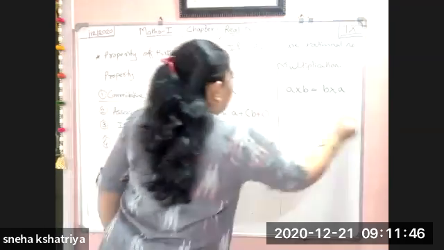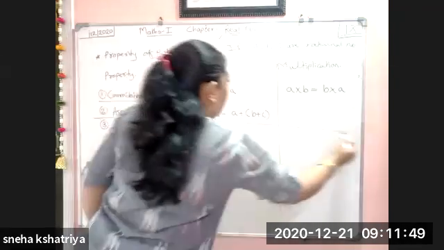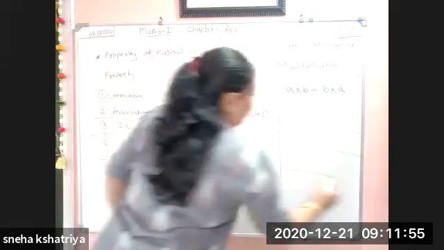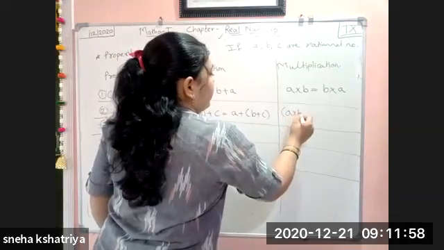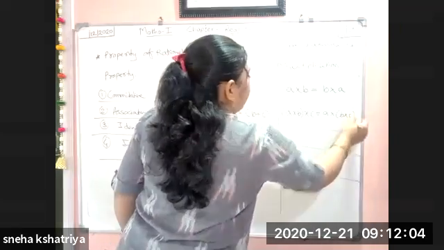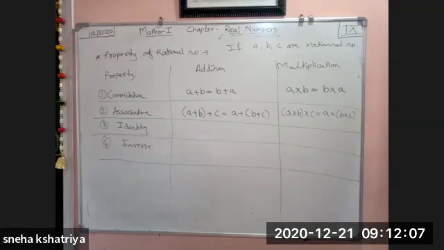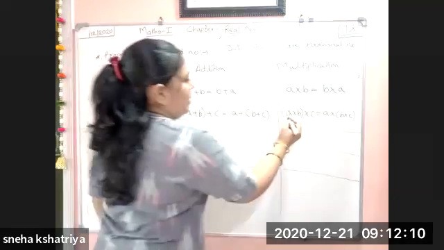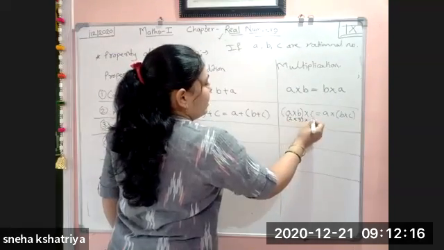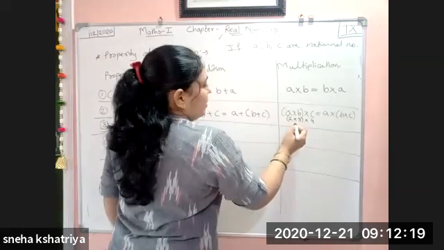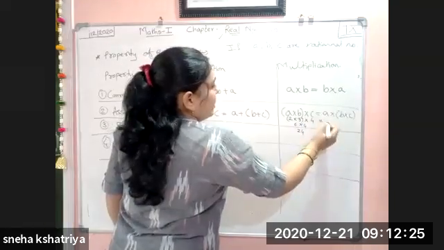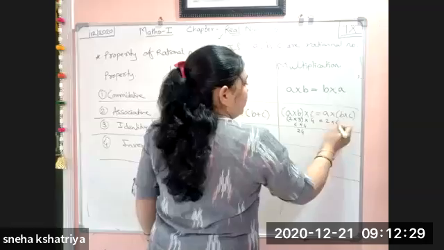If we multiply the first two numbers and then multiply by the third number, see here, A into B into C is equal to A into bracket B into C. Take the same numbers again. 2 into 3, take the bracket, into 4. 2 3s are 6, multiplied by 4, 6 4s are 24. Now here 2 into bracket 3 and 4.